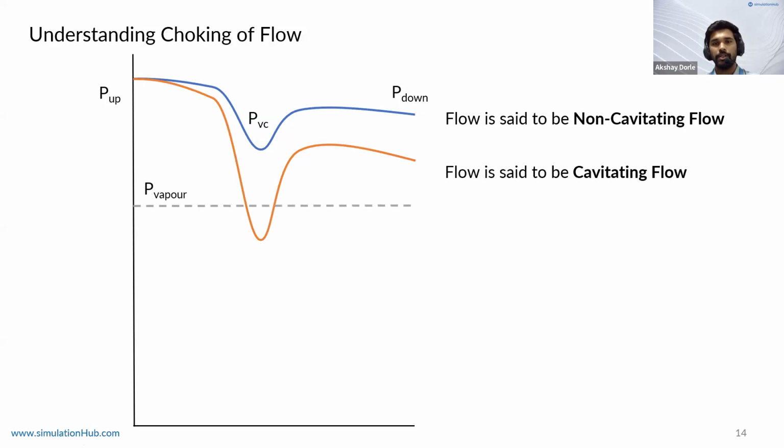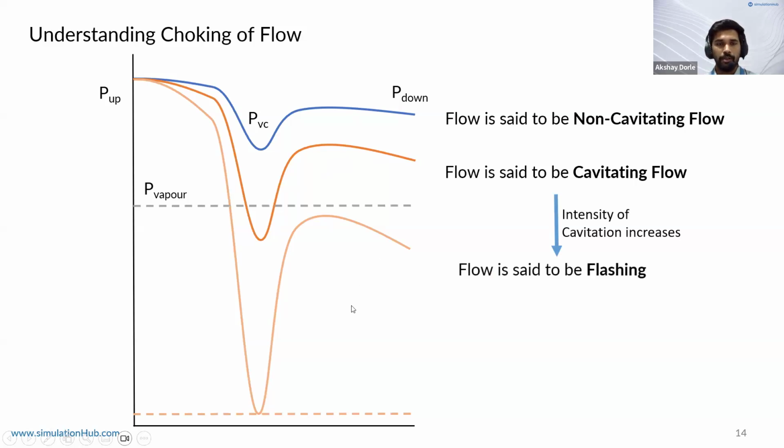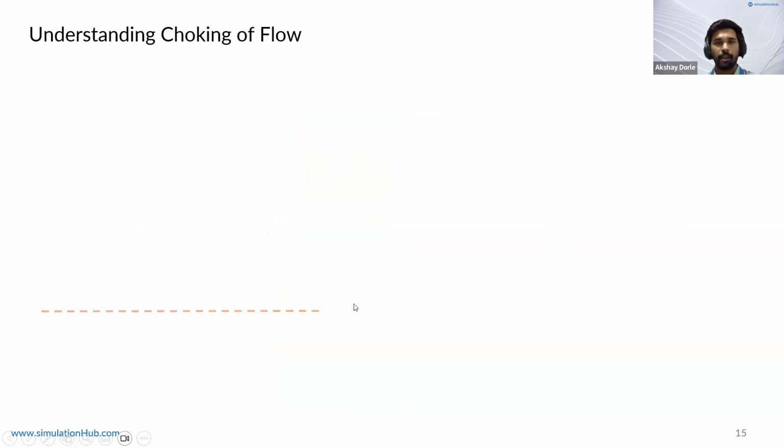So cavitation is taking place here, but there's no flashing. If the downstream pressure never recovers above the vapor pressure, we would say this is a flashing process. And the intensity of cavitation increases from a cavitating flow to a flashing flow, and this flow would be referred to as a flashing one.